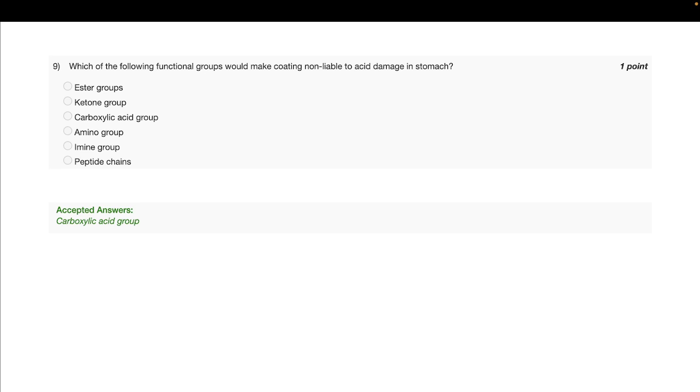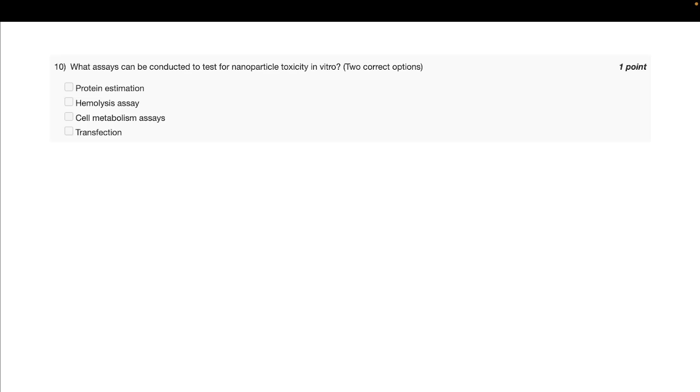If there are no doubts, I'll move on to the last question then. The last question is, what assays can be conducted to test for nanoparticle toxicity in vitro? And we have to choose two correct options. Anyone? I said 2 and 4. 2 and 4. Okay, hemolysis assay and transfection. Okay, anyone else wants to try?